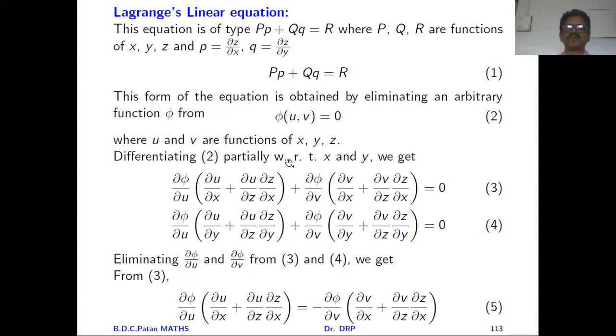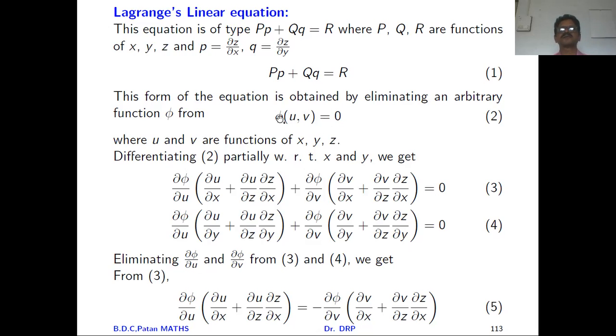If we differentiate these two partially with respect to x, there you will get ∂phi/∂u into ∂u/∂x into ∂x/∂x which is 1. Similarly, you will get ∂phi/∂u into ∂u/∂y into ∂y/∂x. All that part we have already discussed.